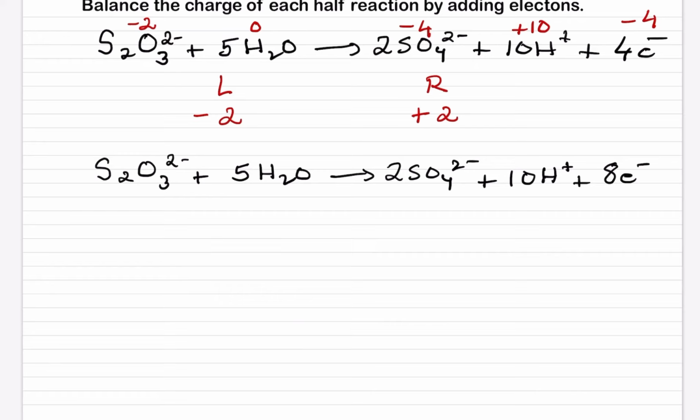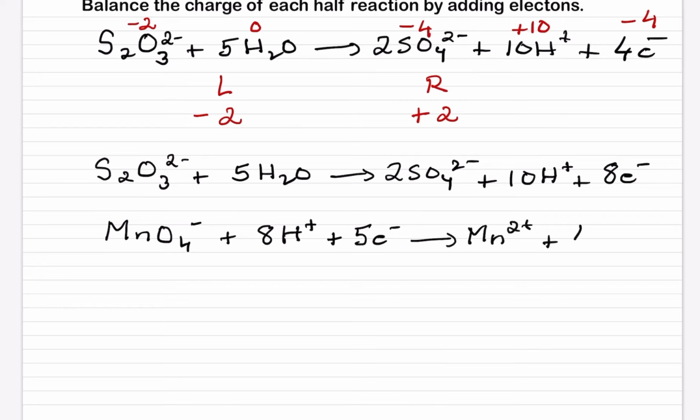Now let's look at the other equation, the reduction equation, that is MnO4- + 8H+ + 5 electrons will give you Mn2+ + 4H2O.